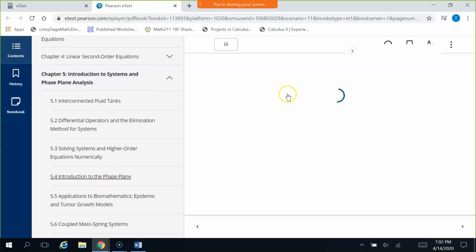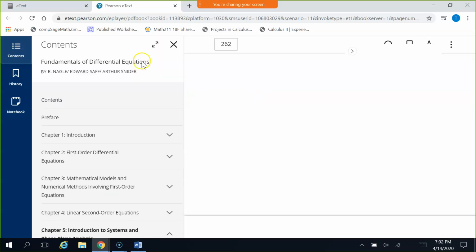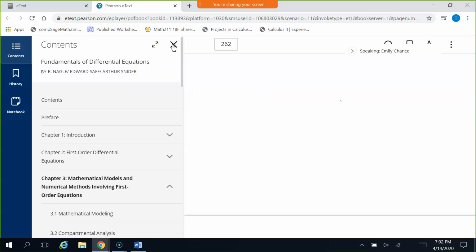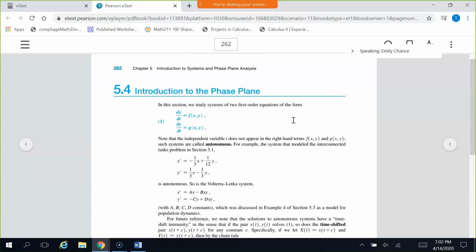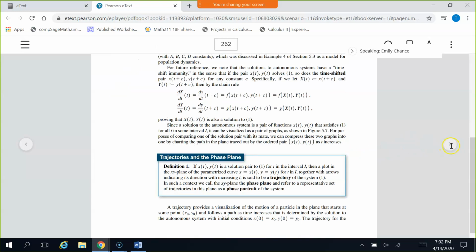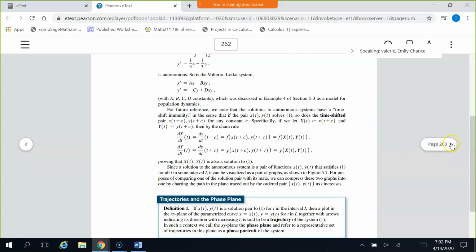Alright, we're in section 4. All right, we got something. I just got to get to the pictures now. So this is just definitions and talking about how the phase planes work. A couple of cool definitions, time shifted and weird things like that.